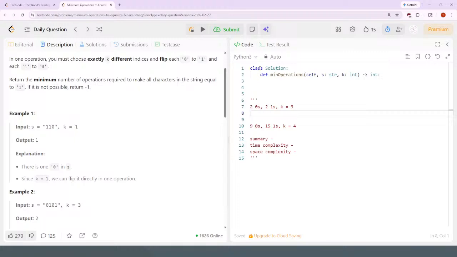So the goal is to get to a state where the number of zeros is a multiple of k, with the least operations.